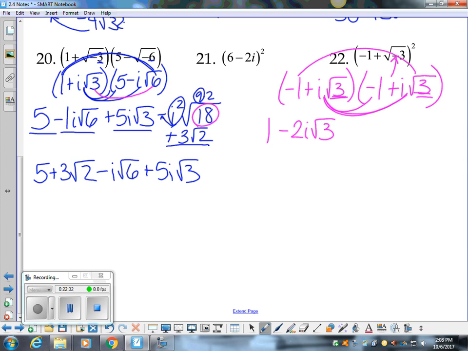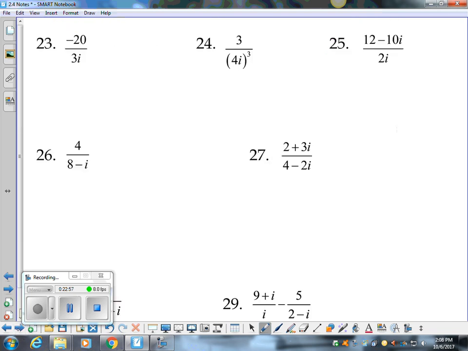That's going to give me plus i squared times 3, which is the minus 3. So negative 2 minus 2i root 3. And again, I'm going to encourage you to pause and rewind and go back and think about stuff at your own pace.